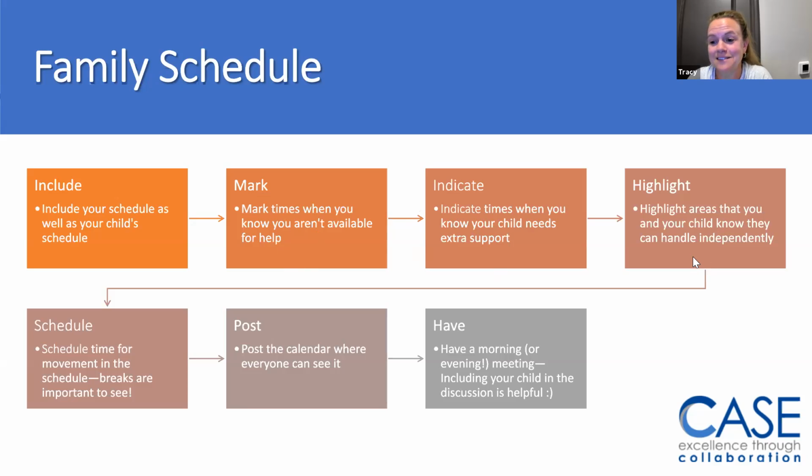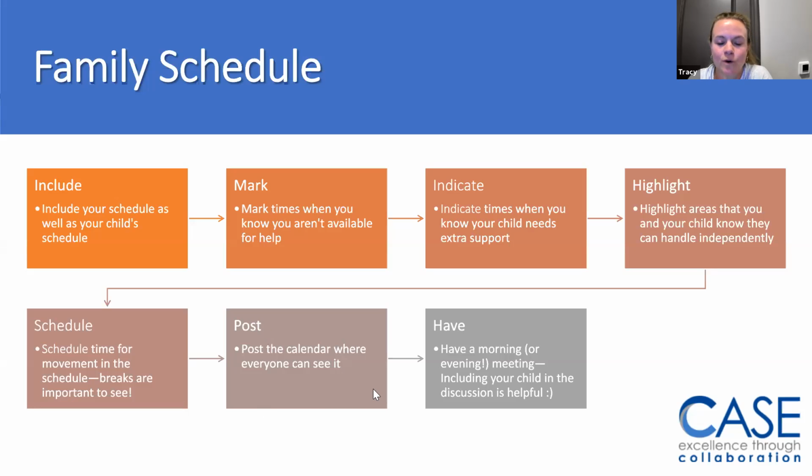And highlight areas that you know that your child can handle things independently. That's going to be really important, that you know that they can do some things by themselves. Also on that schedule, you want to schedule time for movement. It's really important that kids are able to see when those breaks are coming.